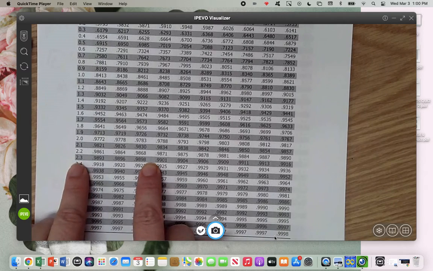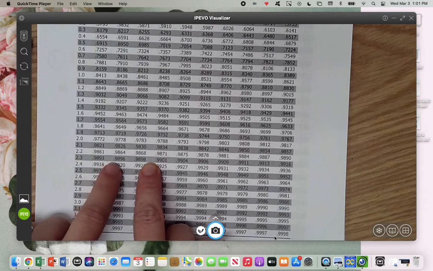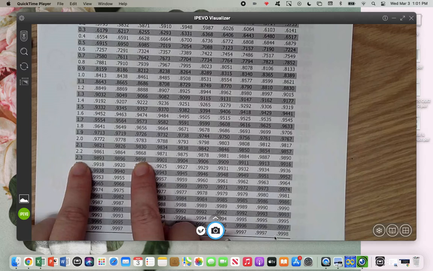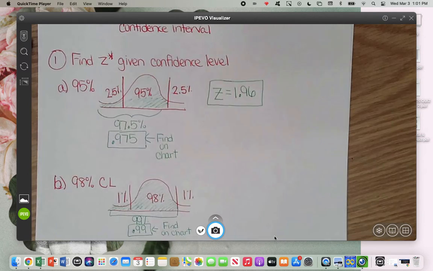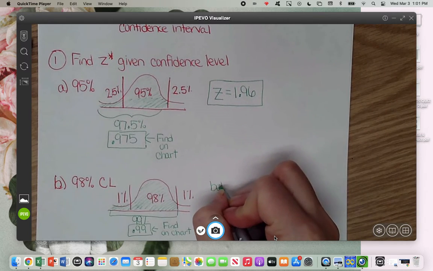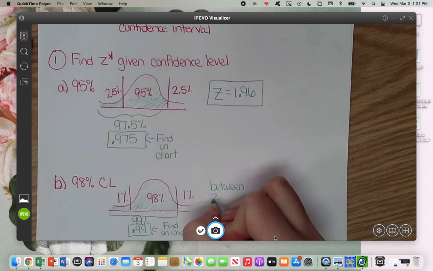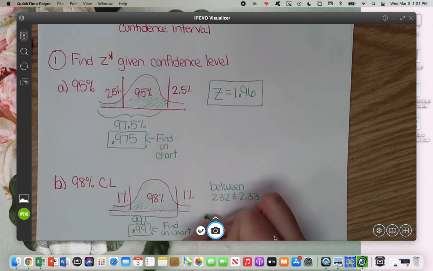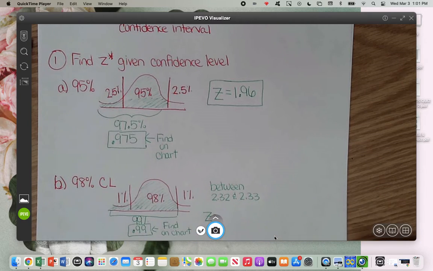So this is 2.30, 2.31. All right, so this is 2.32 and this is 2.33. So in between those, this would be between 2.32 and 2.33. So you can go even to the thousandths.